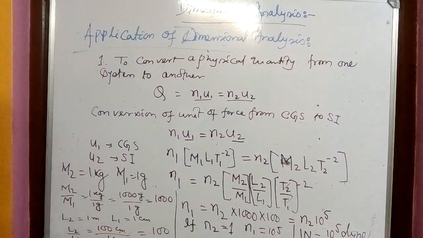That is proved. So this is the proof where we have seen the conversion between the unit of force in CGS and SI, and that can be done through dimensional analysis.